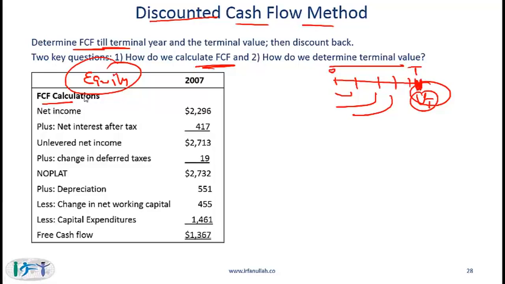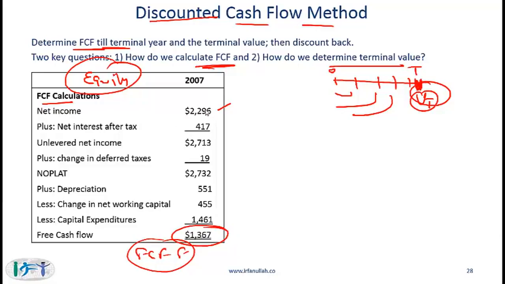When you are looking at the financial statements of a company, you obviously will be able to figure out the net income, and we are then going to make some adjustments to net income to come up with the free cash flow to firm. This is a fairly elaborate discussion in the curriculum, and I am just focusing on the critical aspects of that discussion.